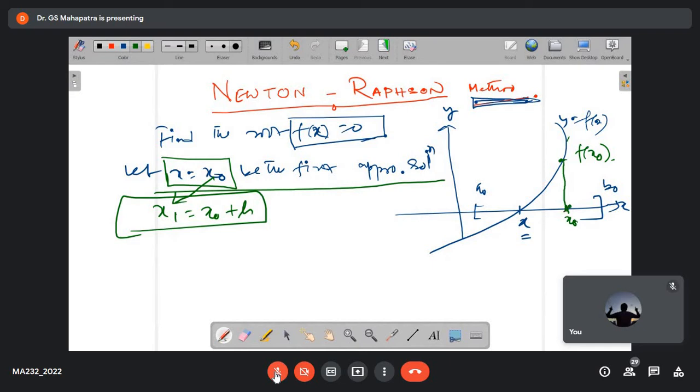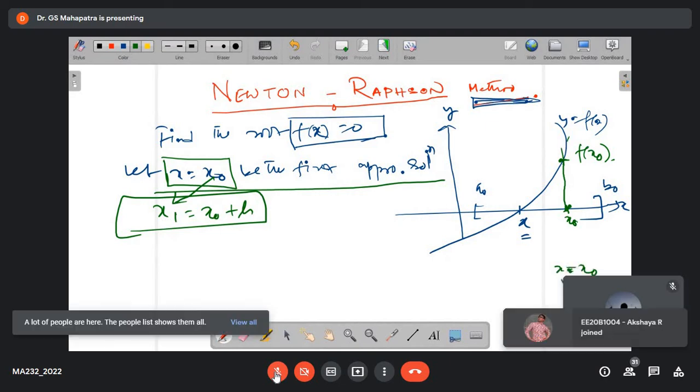At that point, say this straight line parallel to the y-axis crosses the curve at this point, that means x equals x0 and y equals f of x0.